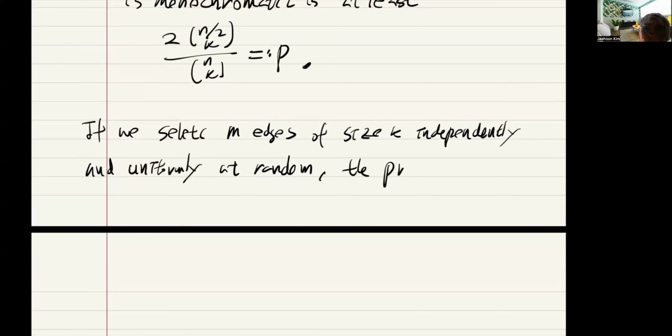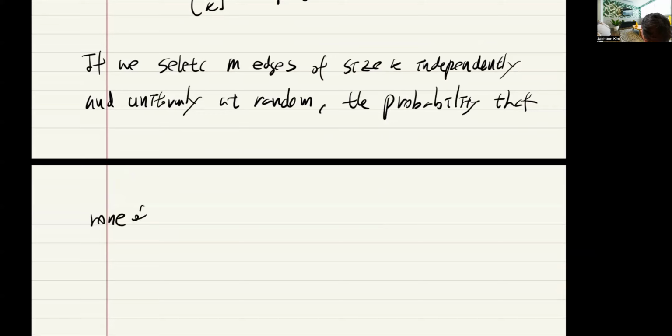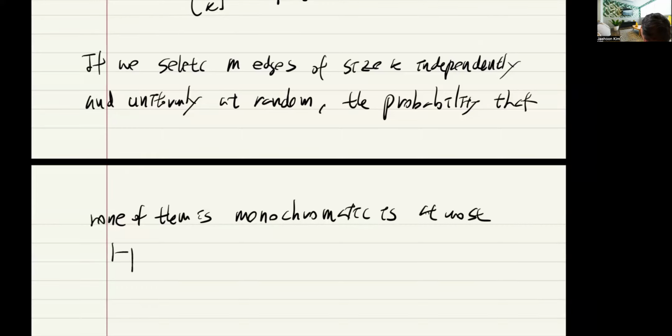Then what's the probability that none of them is monochromatic? It is at most (1 minus p) to the m. You do that m times, and each time the probability that it is not monochromatic is at most 1 minus p. And since you did it m times, you just multiply them because each time it's independent.